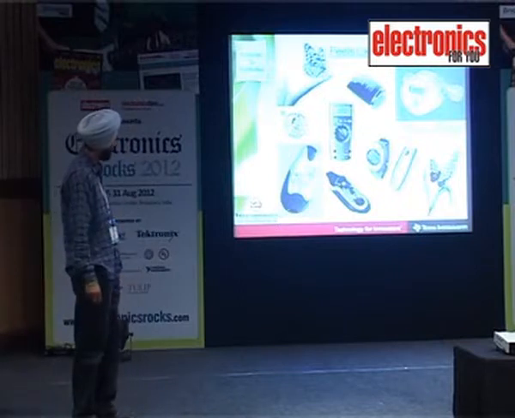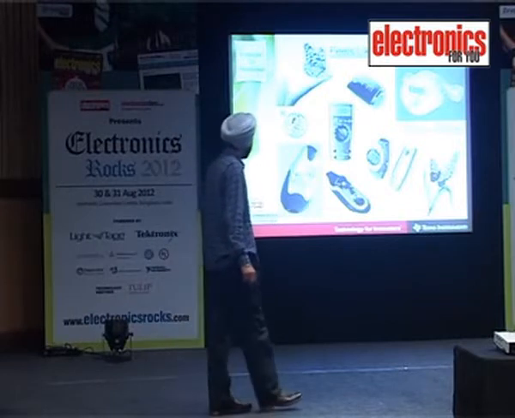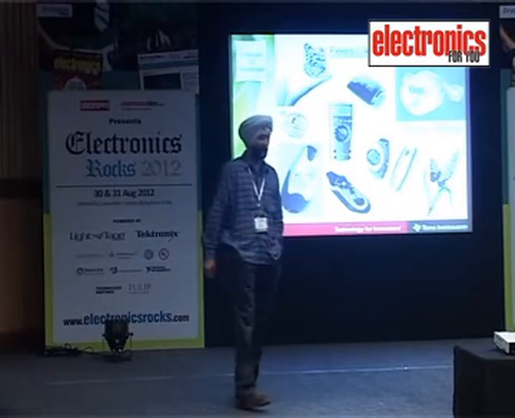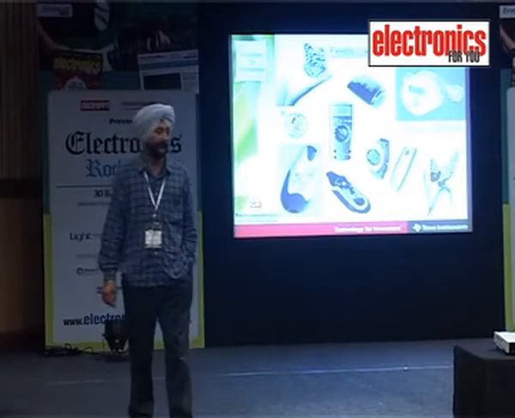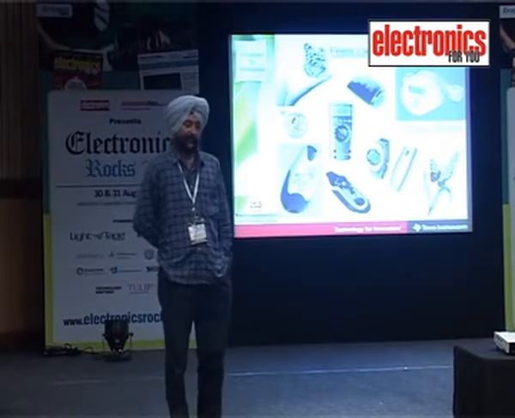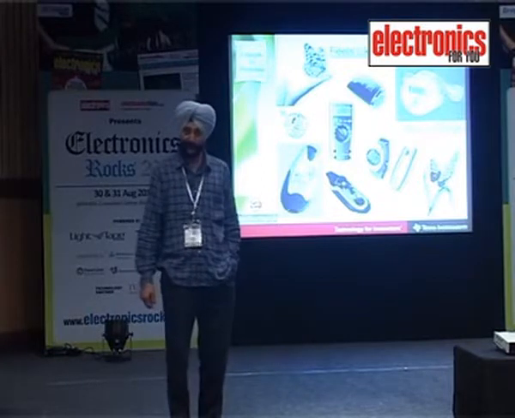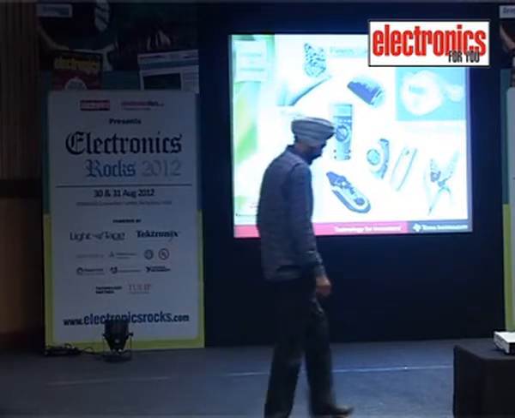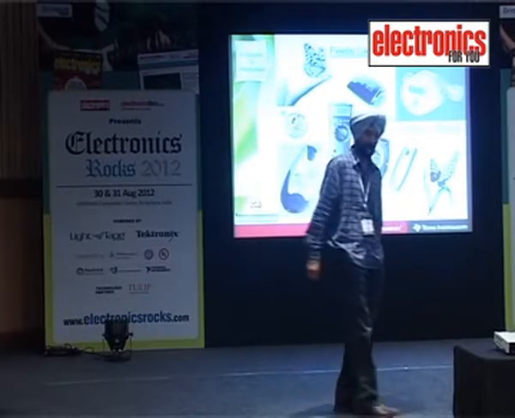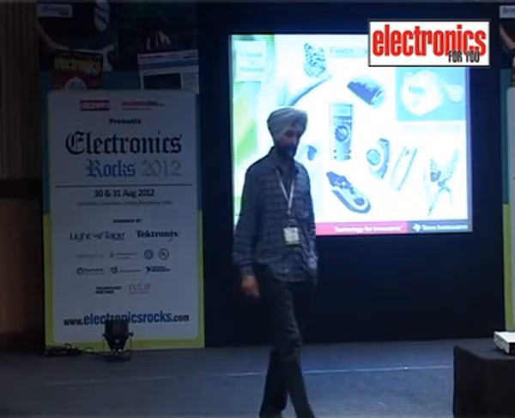And you can find MSP430 in wearables, like shoes, right? Now, why would we like to use MSP430 in shoes? Because we are human beings, right? We don't have wheels. If you want to measure a speed, we can't use a standard speedometer. So in that case, we have to measure a step size. So we will be able to see at what speed we are walking, how much distance we are covering.